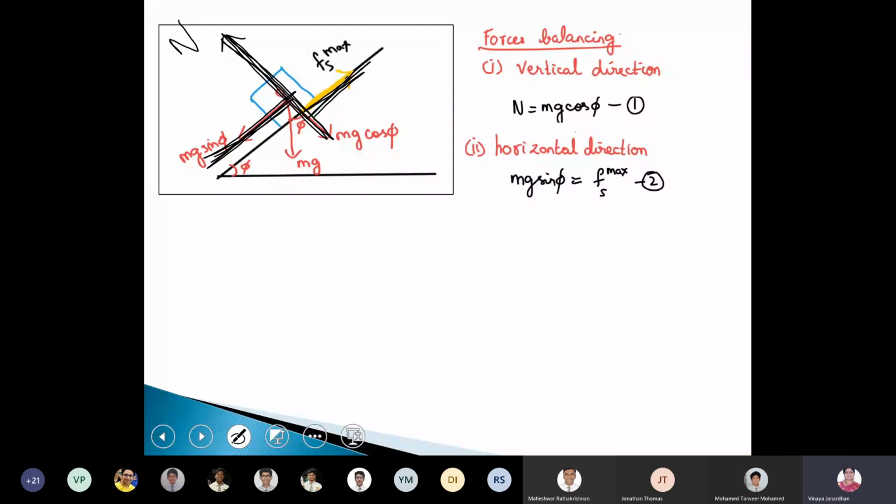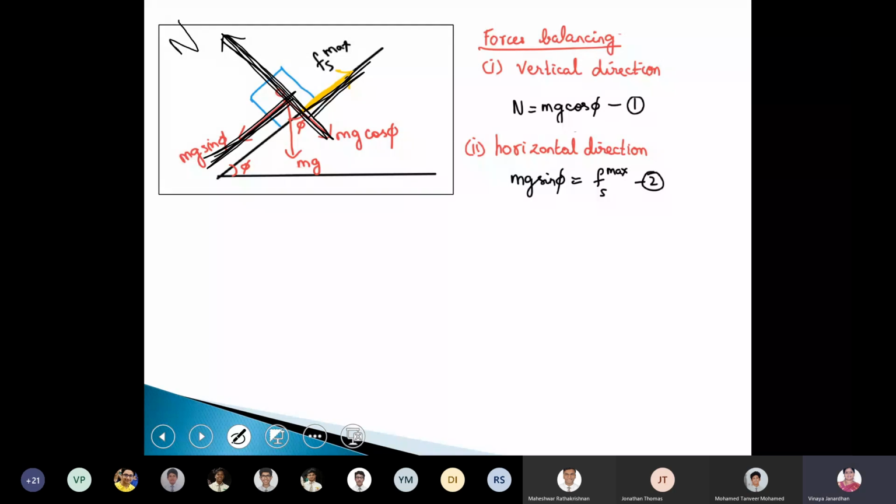So N is equal to mg cos phi. In the horizontal direction, mg sin phi is equal to Fs maximum. Because these forces are balancing each other, the body is just beginning to slide. That's the condition we have taken.